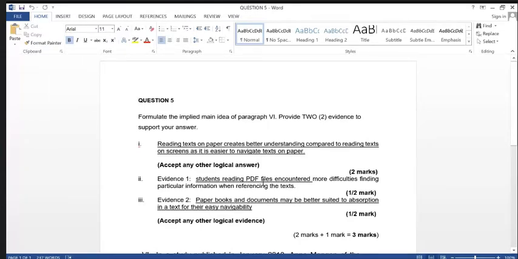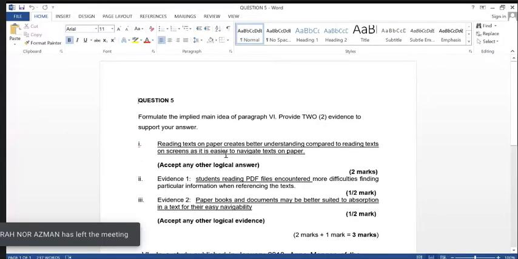Students reading PDF files encountered more difficulties. So that supports what I have here. Screen reading is not easier, meaning screen has more problems. Paper books and documents may be suited to absorption in a text for their easy navigability. So I have also included the aspect of navigating in my inference.